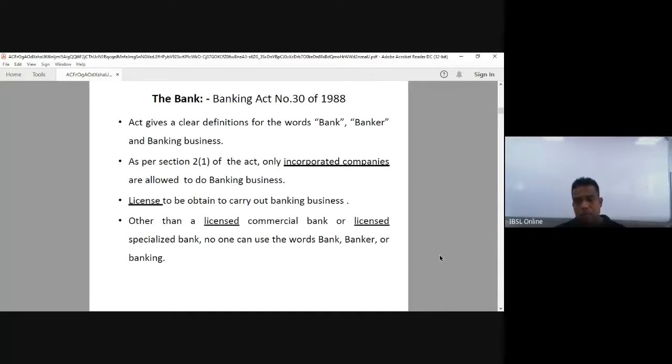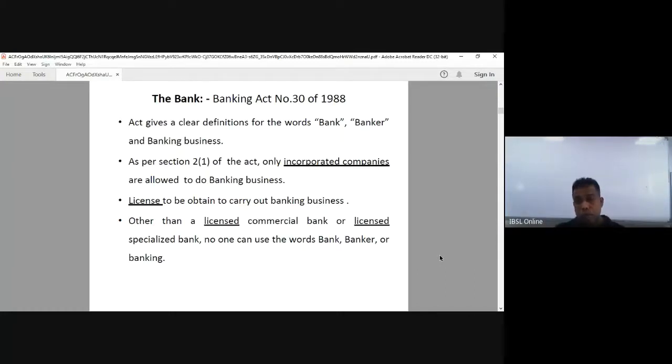Now, apart from this, remember there are other government banks which are established under different laws, not under the Banking Act. For example, the Bank of Ceylon is established under the Bank of Ceylon Act. So the establishment is under a separate act, but the Banking Act applies to the Bank of Ceylon also.